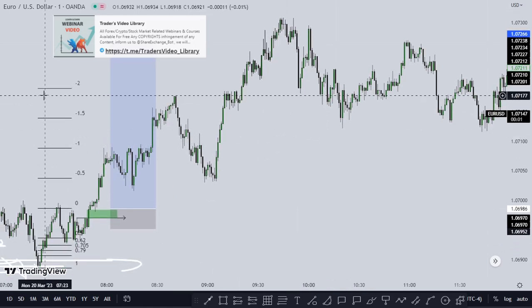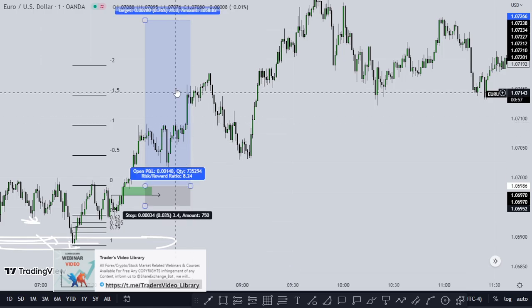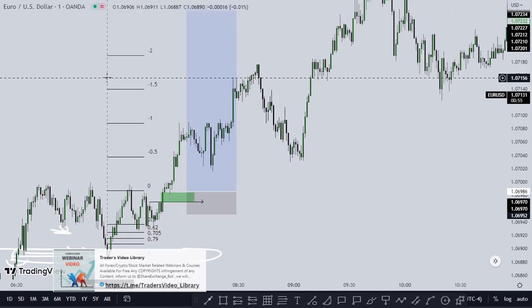So that's like the 8 reward ratio trade.